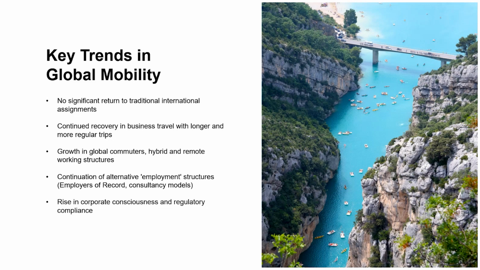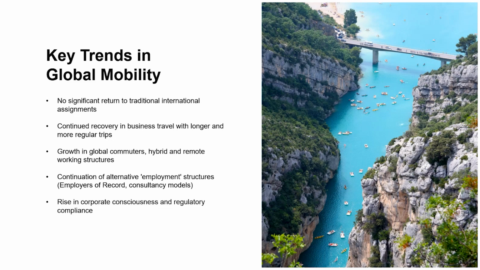And these other alternative employment structures is very much where we're landing now. So I've put here employers of record or consultancy models. So this is very much where people are looking to hire someone in a location where they say don't have an entity, but they're saying, actually, I want that person. I have a global talent pool. Let's find someone outside, say, the UK. But how do I engage with them? So an employer of record is being used, which is essentially the outsourcing of the labor responsibility.